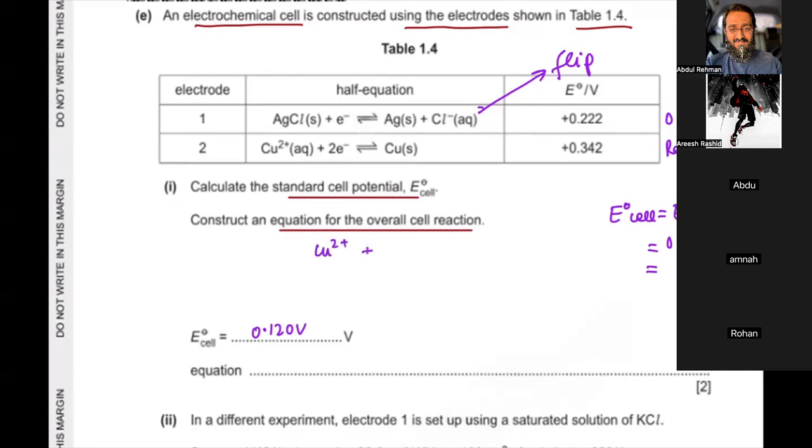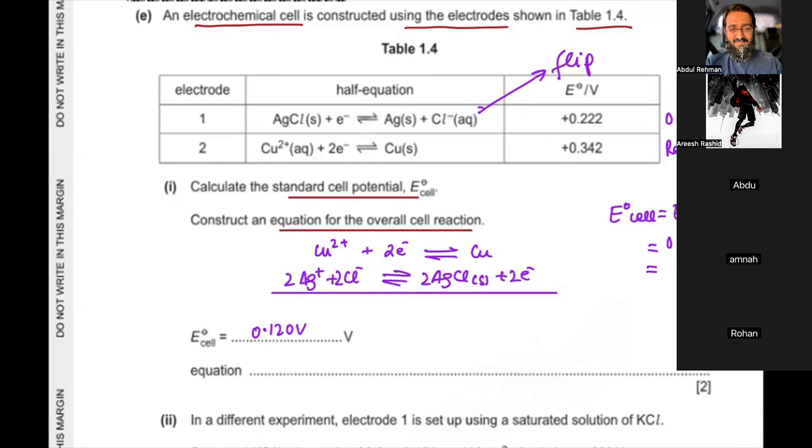The equation for the copper is going to be the same as it was in the table. But I'm going to flip the equation for the silver. That is silver plus chloride ions to silver chloride plus electron. And I'm going to multiply this equation by 2 to balance the electrons.